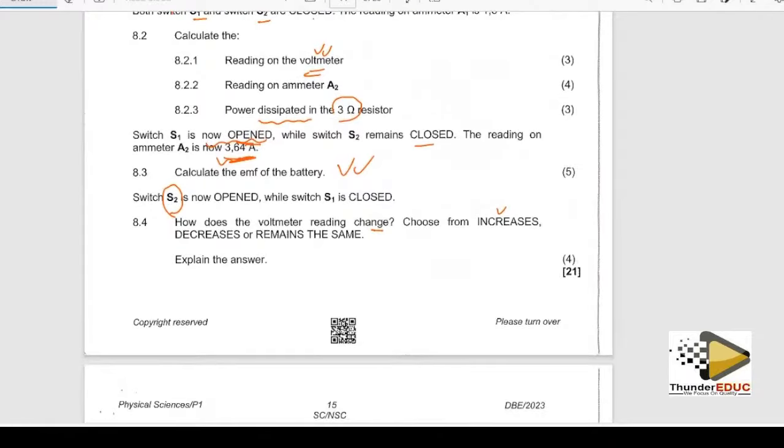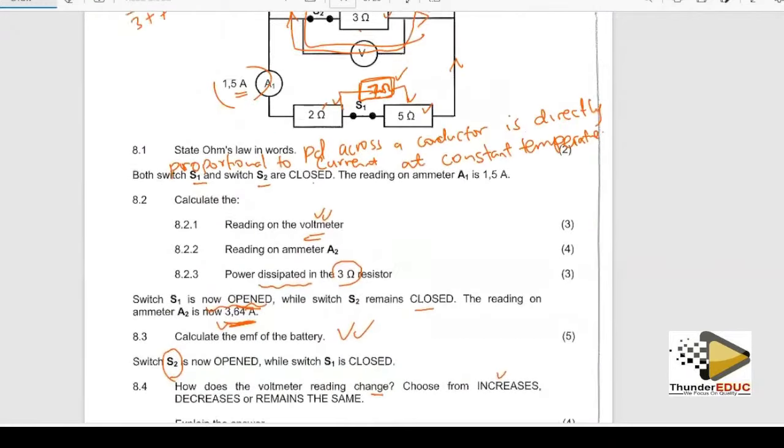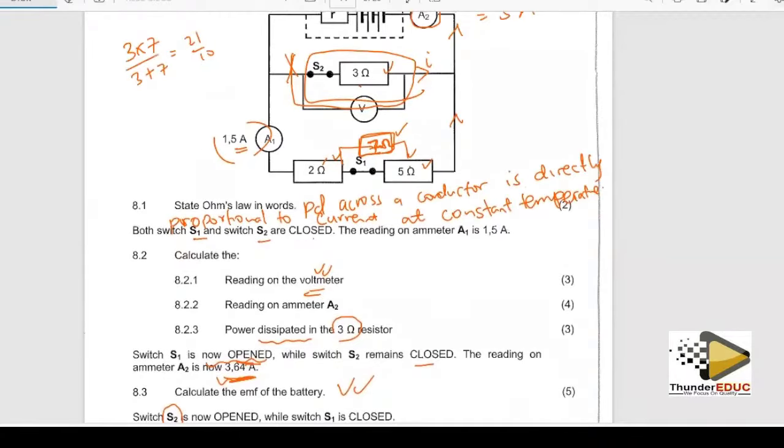Okay, so what I can see is that looking at the combination, this was in parallel, and we got the effective resistance to be 2.1. Now, if we remove the 3 ohm, the effective resistance is now going to be 7. In other words, the resistance external is going to be 7 ohms.